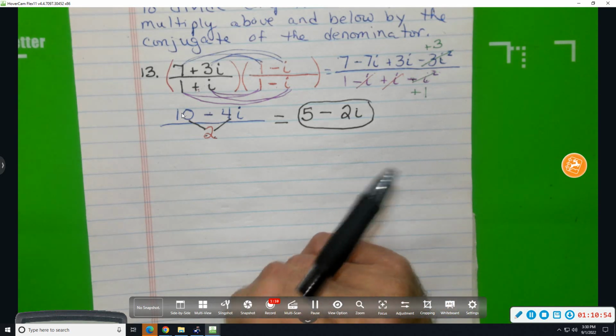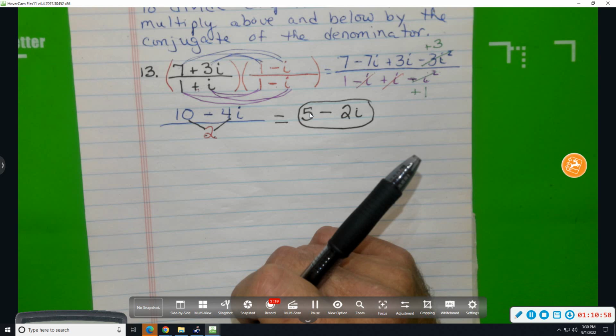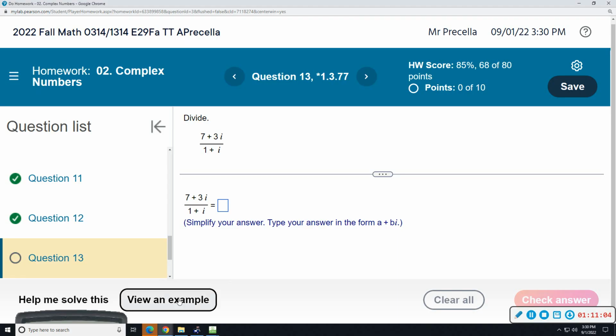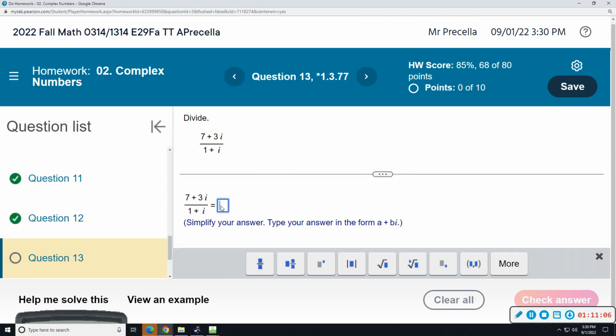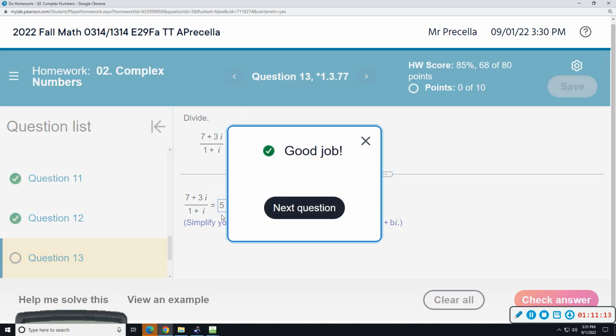At least they used to always take it. 10 divided by 2, 4 divided by 2. I think number 14 might be a better example. 5 minus 2i. Any questions before we go on?